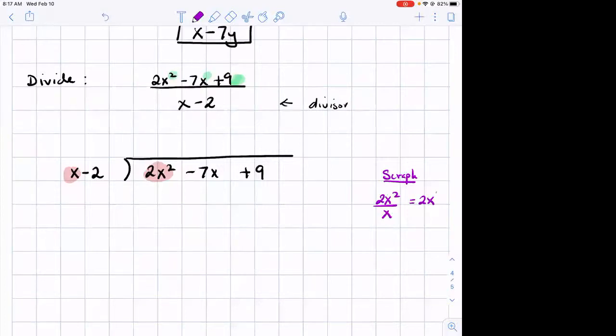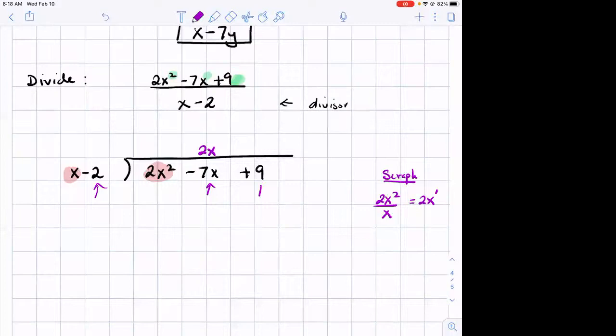Now notice it's 2x to the first power. So I will write that above my like term, which is the minus 7x, because that has the first power. So this becomes 2x. Ignore the rest of the problem, don't worry about it, it works itself into the problem. So ignore that minus 2, the minus 7x, and the plus 9.